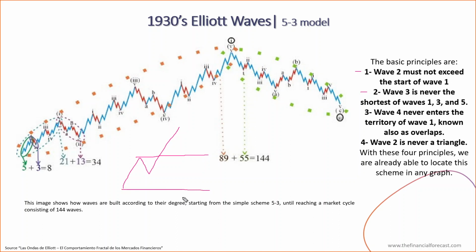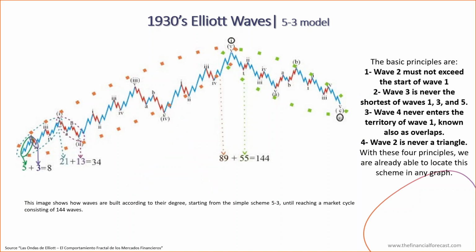This is the territory of wave 1, and wave 4 can never enter. If we see a wave entering this area, that means this is not a wave 3, of course, and this is not a wave 4. We are talking about a different pattern. Later we will simplify this because it looks a little complex at this moment.